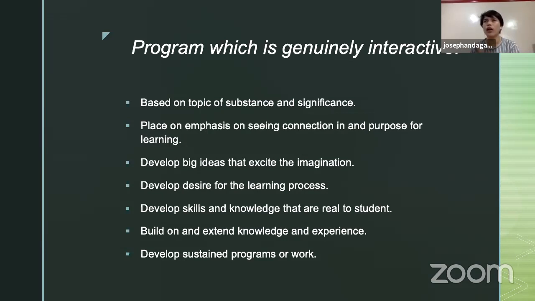And with those competencies, the learners were not able to see the connection between the different subjects. But if we boil it down, it's just one competency that would somehow hit the different competencies that each subject would want a learner to acquire at the end of the lesson. And then develop big ideas that excite the imagination.